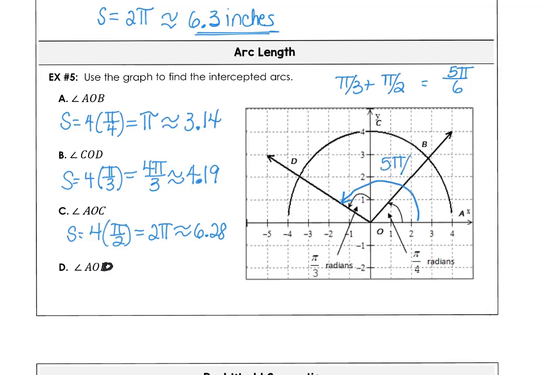So again, the radius is 4, and our angle is 5 pi over 6, and 2 divides 4, and 2 divides 6. So we have 10 pi over 3, and then using our calculator, that's about 10.47. So the arc from AOD, that entire length is about 10 and a half.